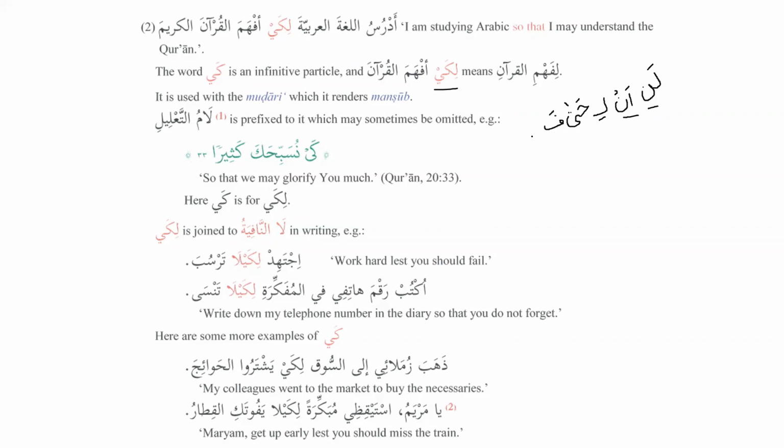So whenever you see fa, and after fa you see that the mudari is mansub, that means this is fa as-sababiyya, and it also makes mudari mansub. Fatanfa'ahu dhikra.